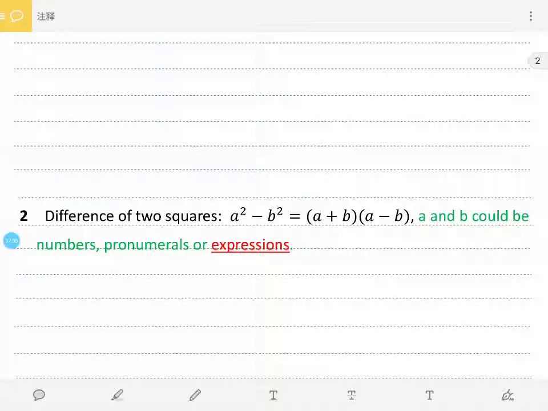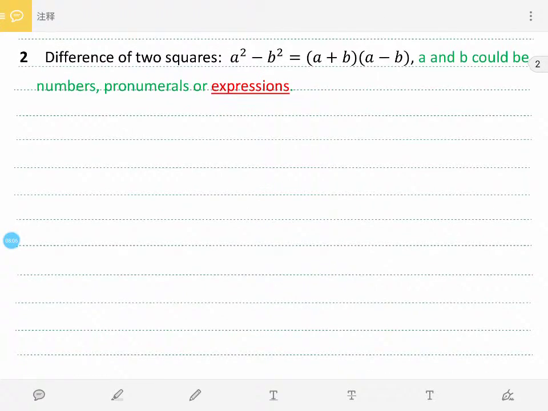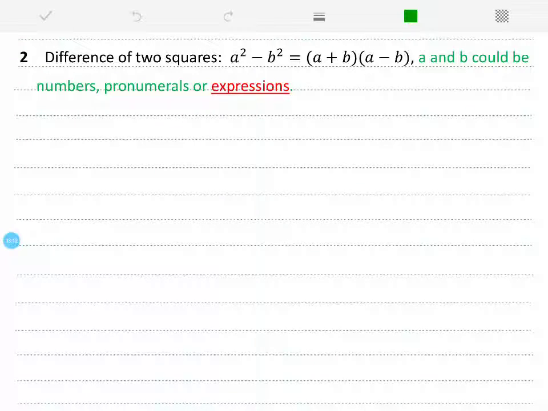Okay, let's have some questions for difference of two squares. So there's a formula here called the difference of two squares. Difference means subtraction, and two squares, so a squared minus b squared equals a plus b times a minus b.